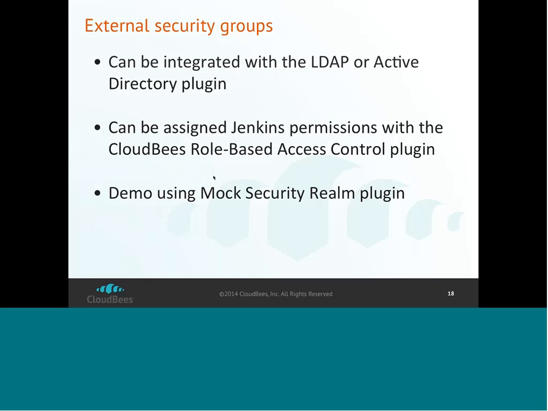Jenkins can recognize all groups that the LDAP or Active Directory user belongs to. The administrator can then use the role-based access control plugin by CloudBees to map Jenkins permissions to these groups, as we'll show in the demo. Without that role-based access control plugin, the full matrix of Jenkins permissions would have to be mapped to an explicit list of users rather than to the LDAP group.